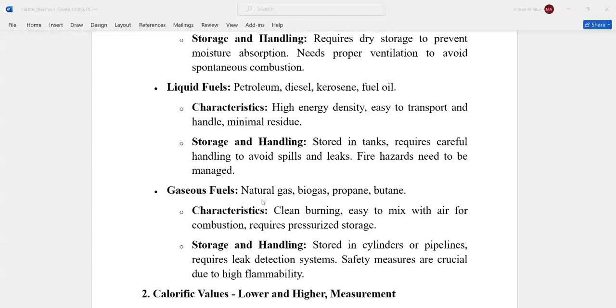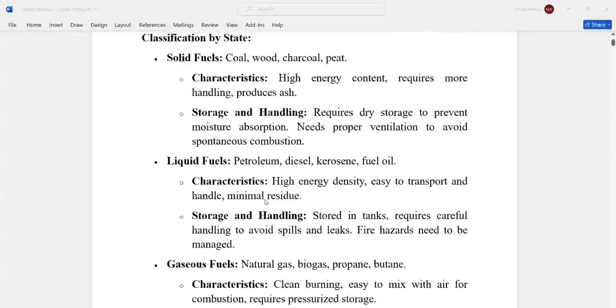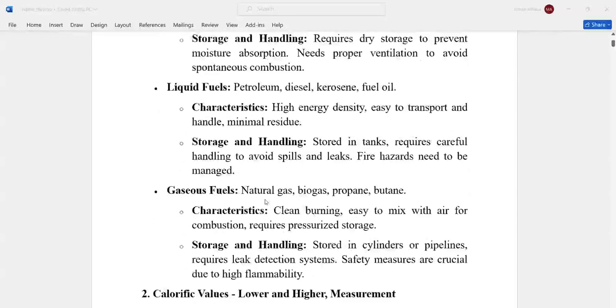Then the gaseous fuels. We are still talking about fuel classification by state, and gaseous fuels include natural gas, biogas, propane, and butane. Natural gas, in most cases, is methane, and the liquefied petroleum gas that you always use for cooking is one of the gaseous fuels.